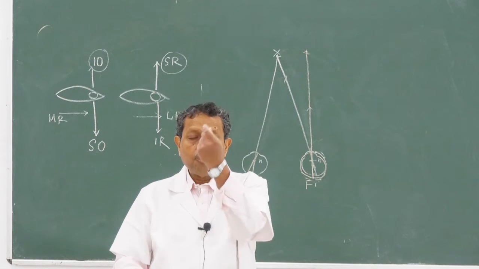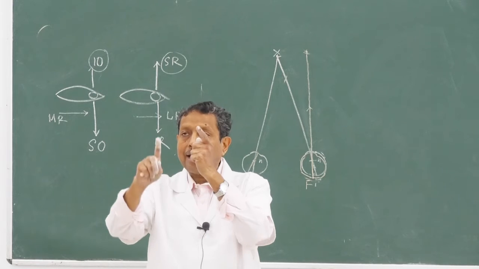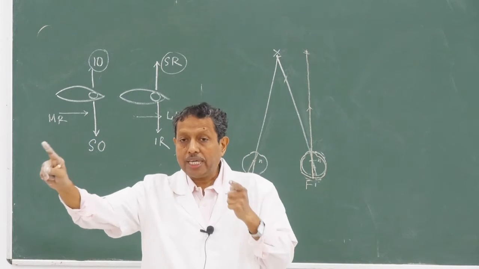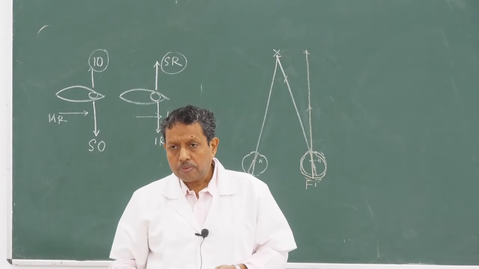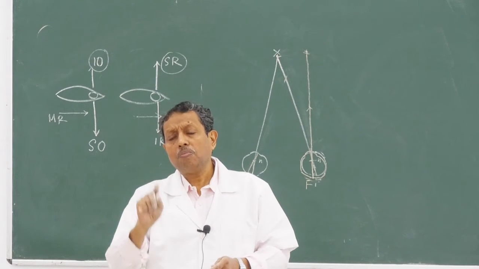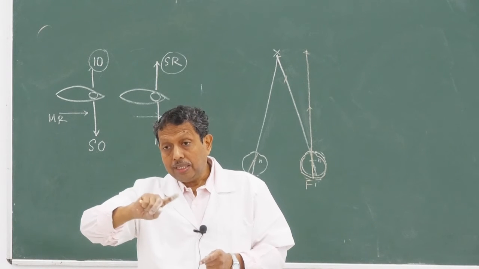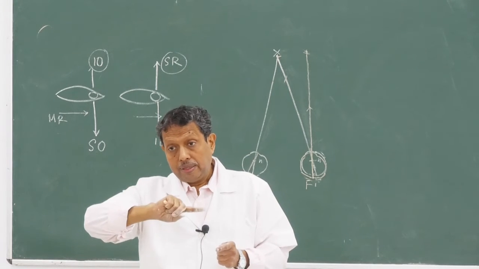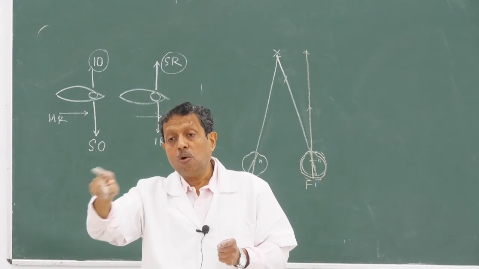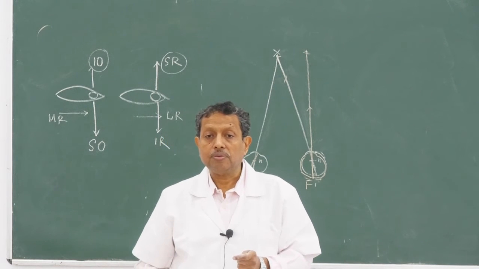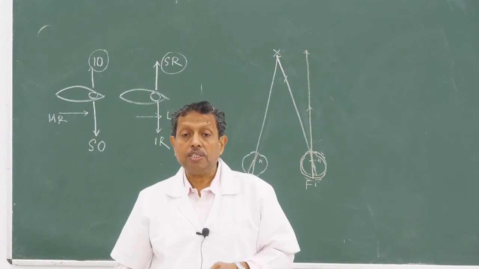You keep a card over the healthy eye and ask him to move to an object on the lateral side, and the affected eyeball will fail to move, or there is only a small movement. That is the primary deviation. But due to the brain's effort, more energy goes to the healthy side, so there will be more deviation, and that is the secondary deviation. Secondary deviation is much more than the primary deviation.